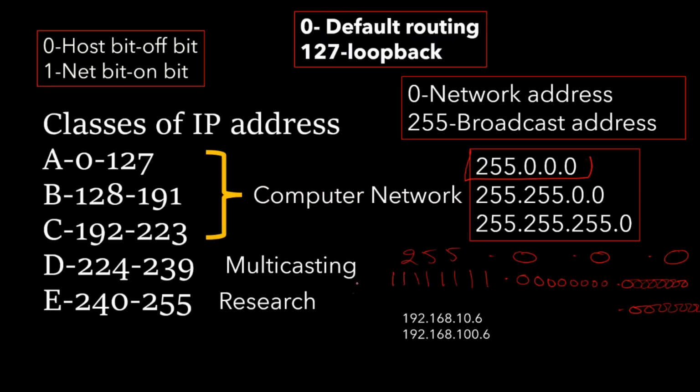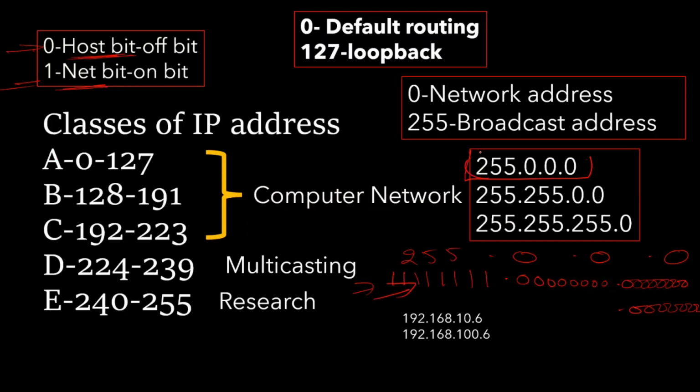Now we have one more rule in binary: 0 denotes host bits, 0 is for the host, and 1 is for the network. Here you can see the 1s are available in the first part.